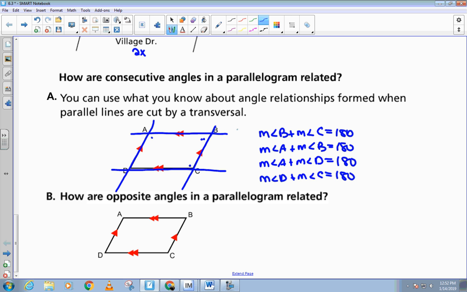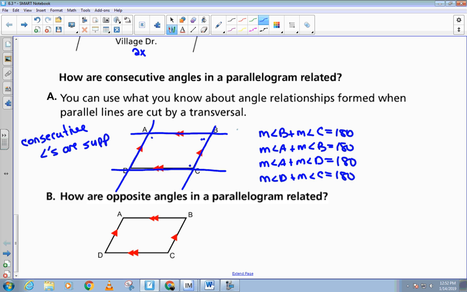Okay, so we know that's going to be true. So we can say that consecutive angles are supplementary. Okay? Consecutive angles are supplementary. So how are the opposite angles in a parallelogram related? They equal 180? That's what you said.